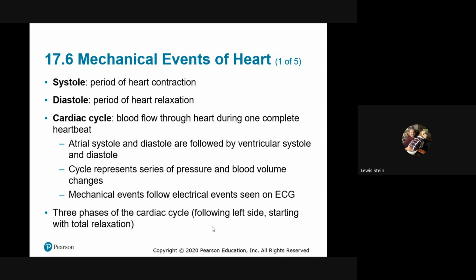The tricuspid and bicuspid valves are open, and so the heart is what we call passively filling. You don't have to do anything. Gravity's doing it. The force of the blood being returned to your heart, be it from the pulmonary circuit or the systemic circuit. Once it gets in the atria, there's nothing to prevent it filling up the ventricles, and it starts to do that.